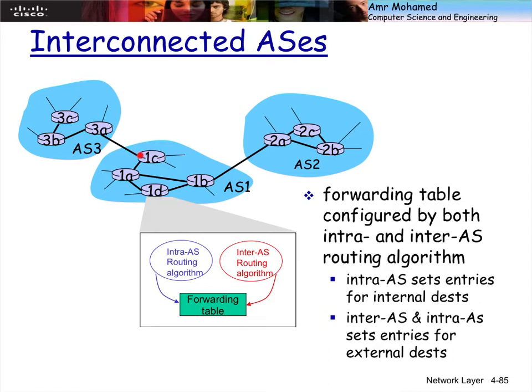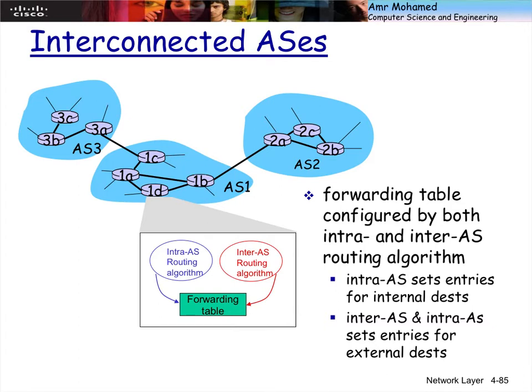So router 1C is in that case the gateway that runs the border gateway protocol. So border gateway protocol runs on this router, okay, to connect this autonomous system with autonomous system 3. Similarly, 1B connects me to autonomous system 2, right?